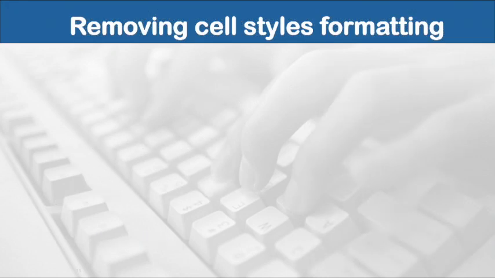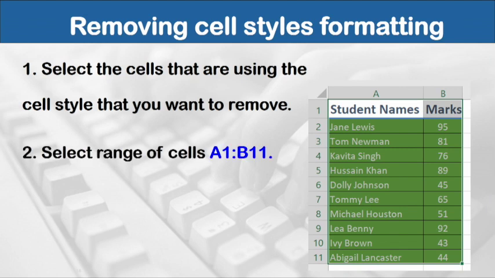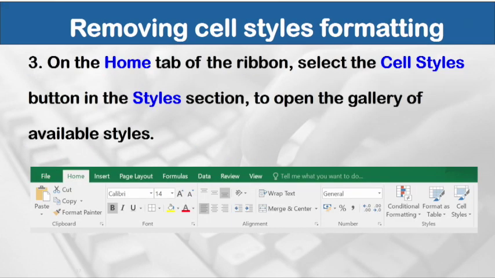Now, to remove cell styles formatting, follow the steps given. Select the cells that are using the cell style that you want to remove. We will select range of cells A1 to B11. On the Home tab of the ribbon, select the Cell Styles button in the Styles section to open the gallery of available styles.